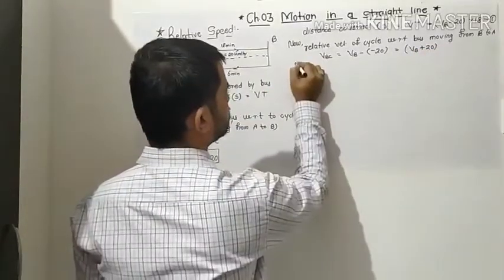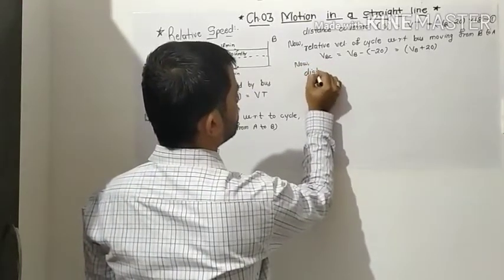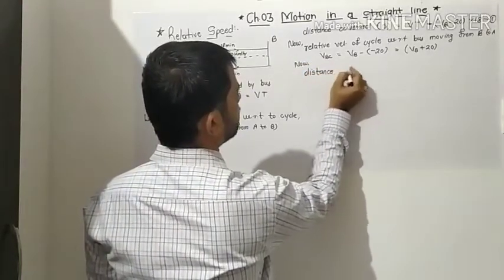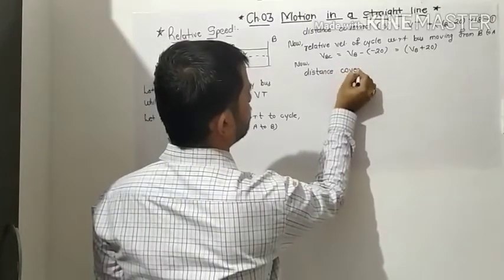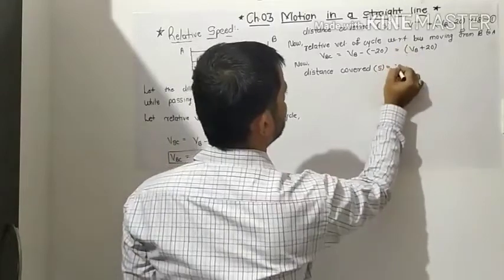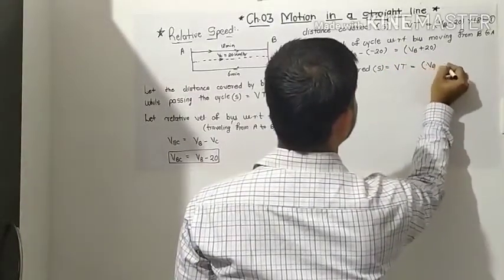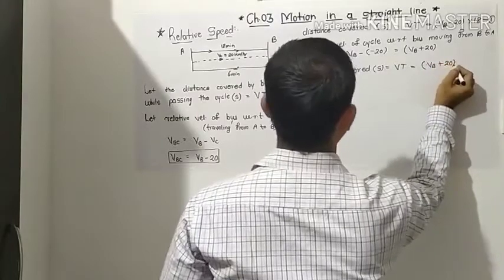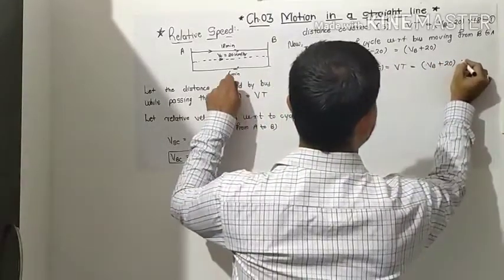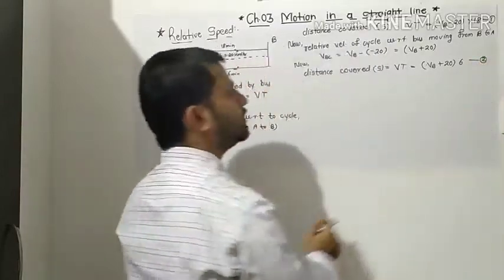So now the distance covered while passing the cycle, that is S is equal to VT is equal to, how much is it? VB plus 20 into time period of 6 minutes. Okay, after every 6 minutes the buses are passing the cycle.